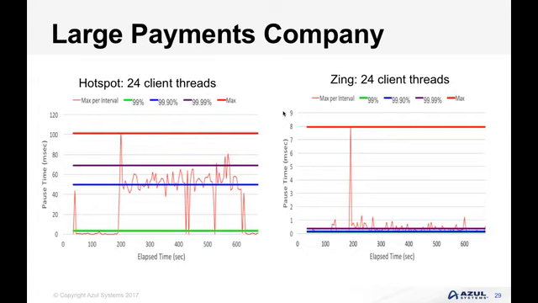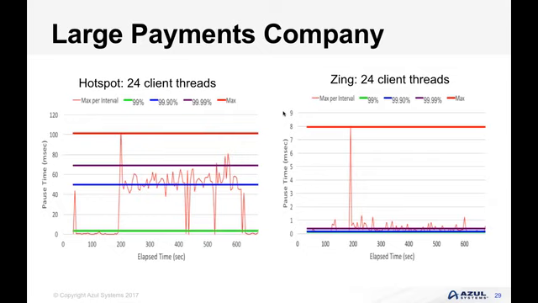But what you also need to look at is the scale of the graph. The left-hand graph has a peak of 100 milliseconds, and we're seeing most peaks in the 40 to 70 millisecond range. The Zing graph has a different scale. We have a peak of 8 milliseconds, which is right near where the green line is on the Hotspot graph, and that's one peak of 8 milliseconds.